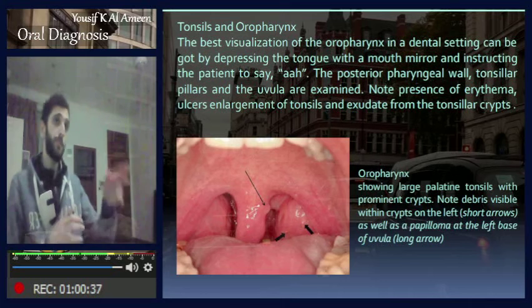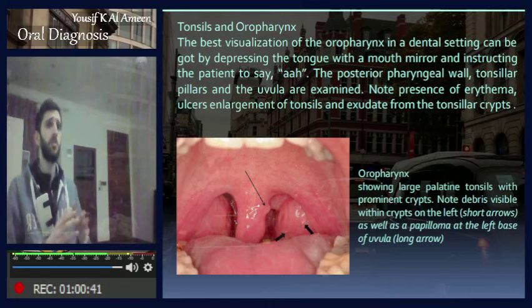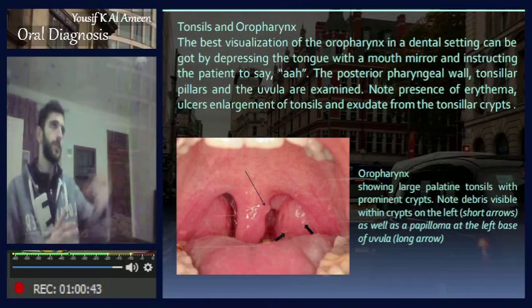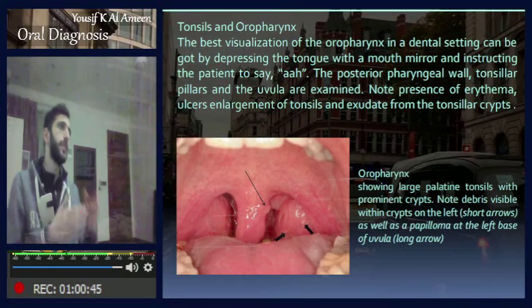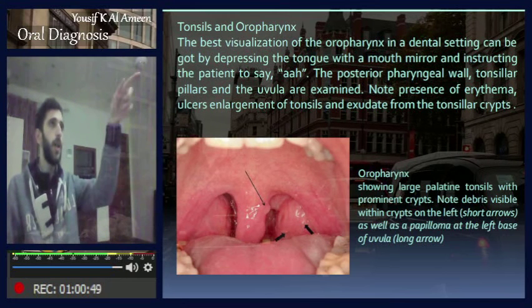So I was saying before there was some problem with the sound, but anyway: tonsils and pharynx are best visualized by depressing the tongue with the mouth mirror and instructing the patient to say ah.